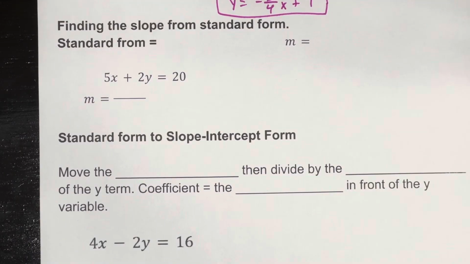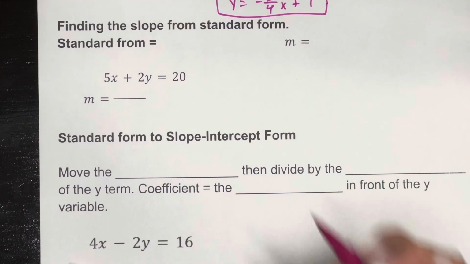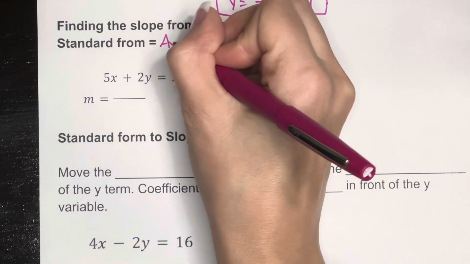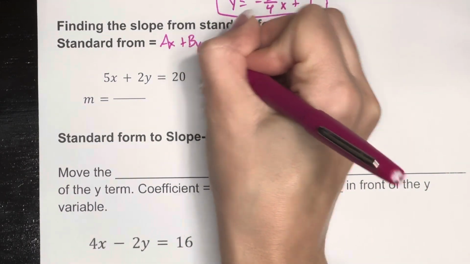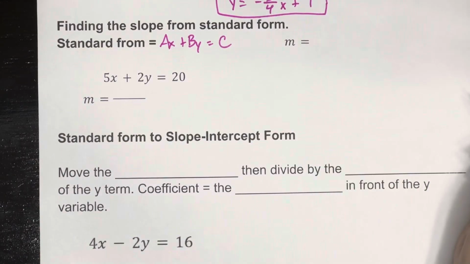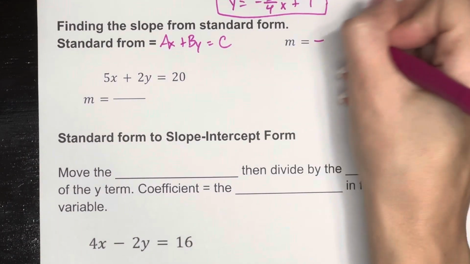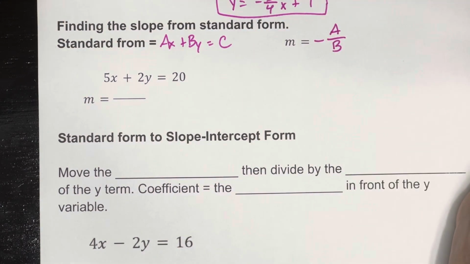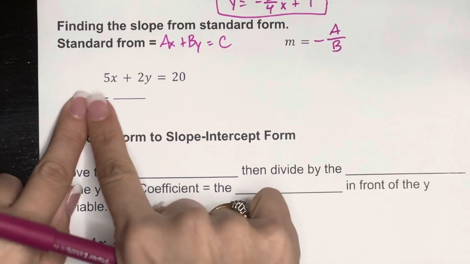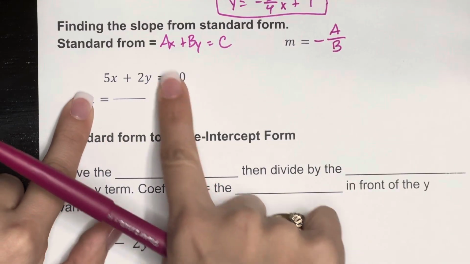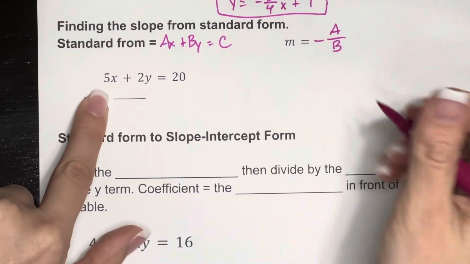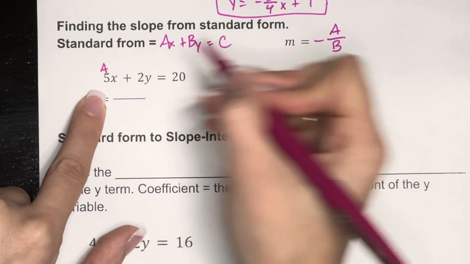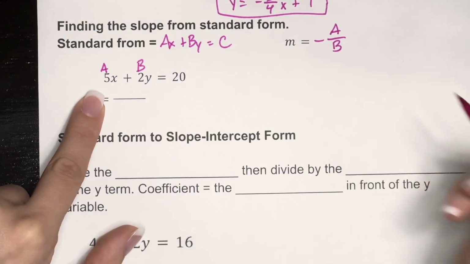Okay, now I've got finding the slope from standard form. So if you remember, standard form is going to be ax plus by equals c. From that form, our slope is just -a divided by b. Okay, so this equation is written in standard form. So a is 5, b is 2.